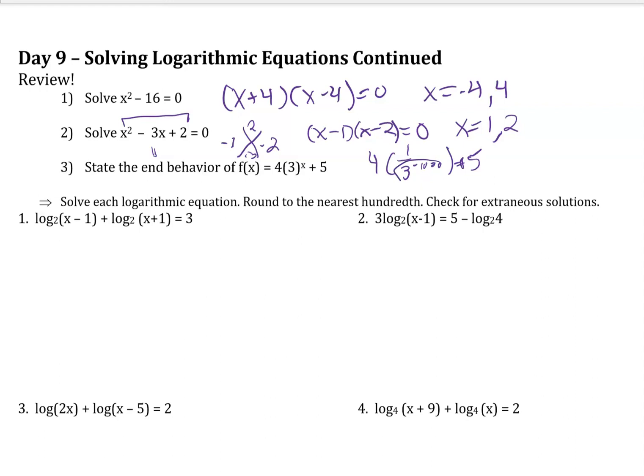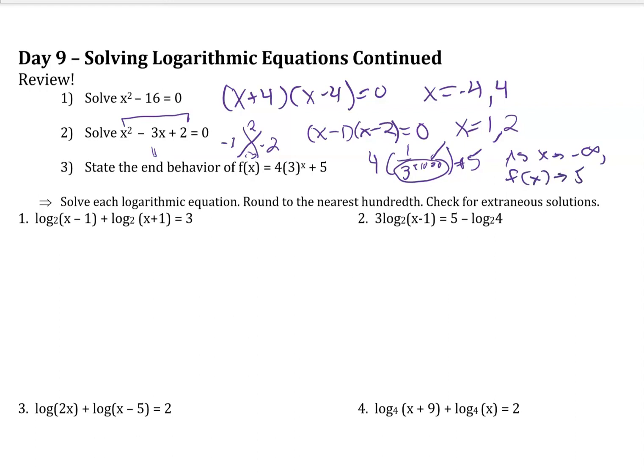As this exponent gets very large and very negative, my number on the bottom becomes 3 to the positive version of that exponent. That's a very large number. 1 divided by a very large number approaches 0. 4 times a number approaching 0 is still approaching 0. And then we add 5. So as x approaches negative infinity, f of x approaches 5.